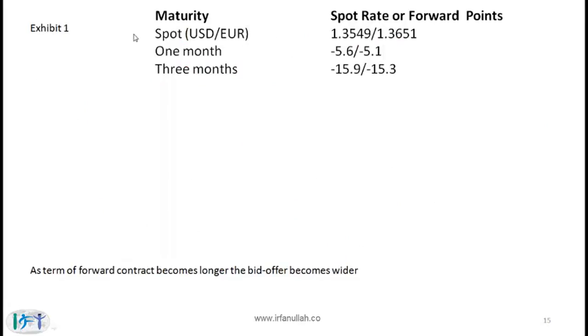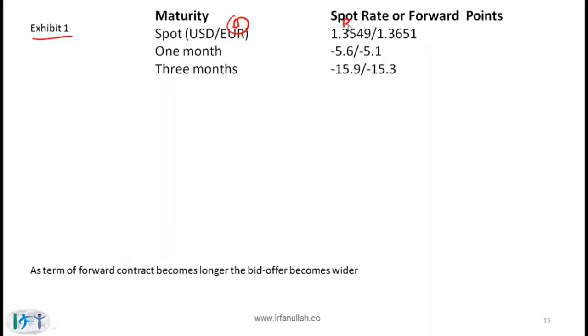Now let's take a look at Exhibit 1 in the curriculum, which is very important, and this shows us how forward rates are typically quoted in professional FX markets. So Exhibit 1 tells us that the spot rate on the US dollar / euro, so here the base currency is the euro, the spot rate is 1.3549 / 1.3651.